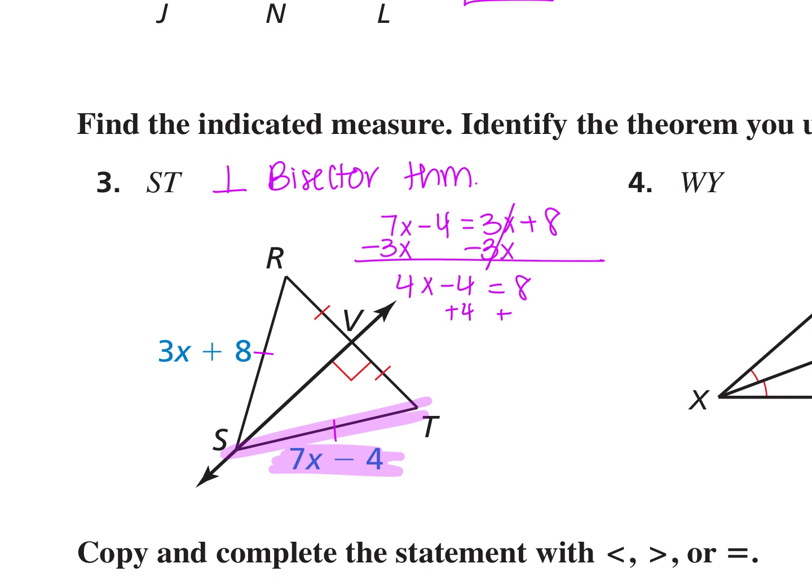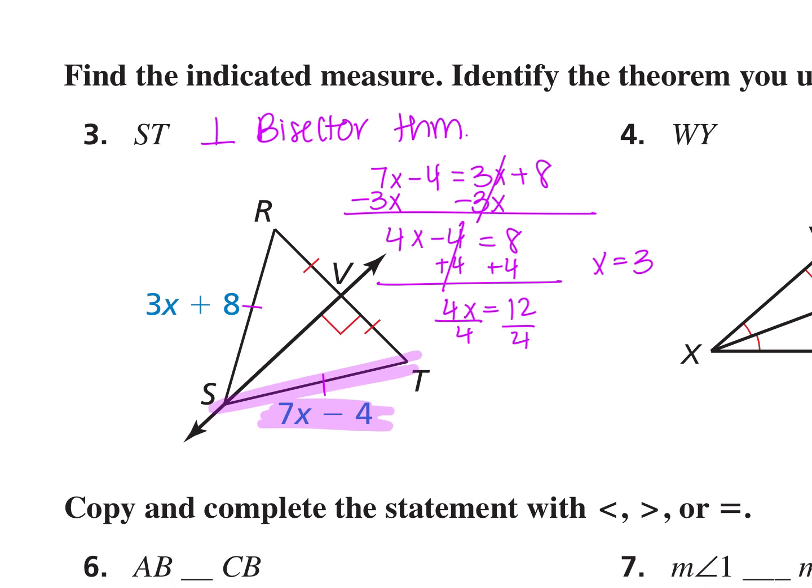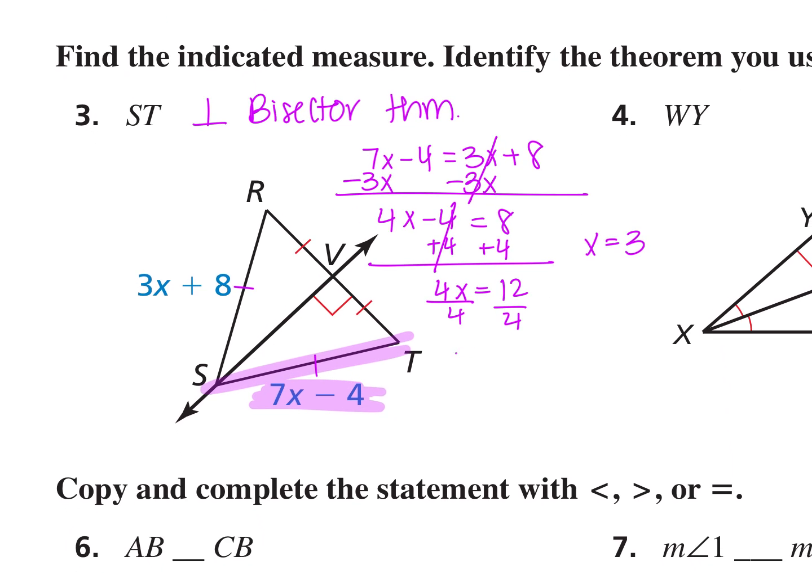Add 4 to both sides. 4x equals 12. Divide both sides by 4. You're going to get x equals 3. Again, they're not asking me for x. I need to plug it in. 7 times 3 minus 4. I'm going to get 21 minus 4. So ST equals 17 as my answer.